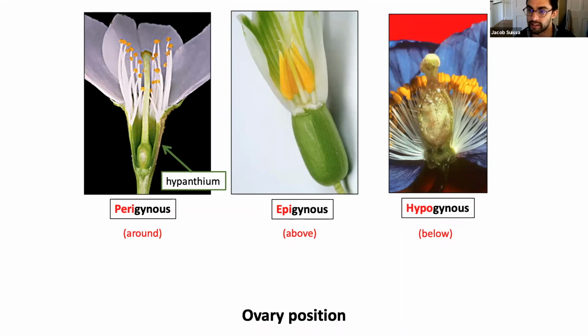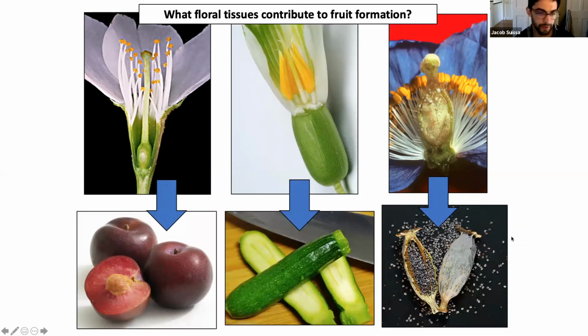And then on the other side, we have this flower where all of the floral organs are attached on the bottom. So that is a superior ovary, and we call this hypogynous. So that's sort of the idea there.